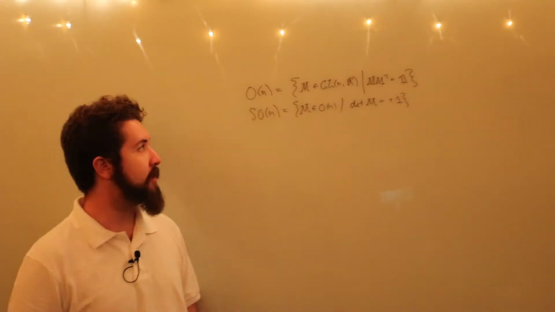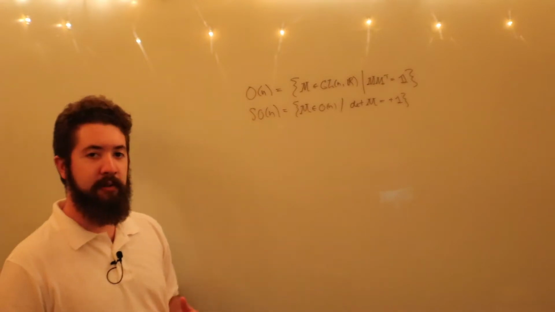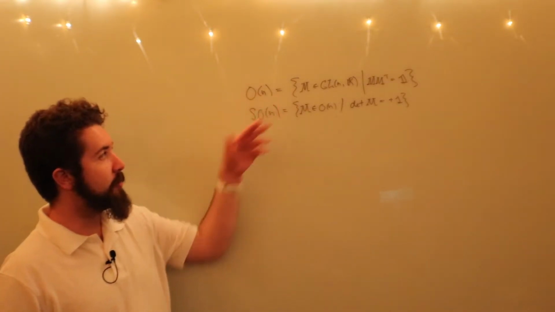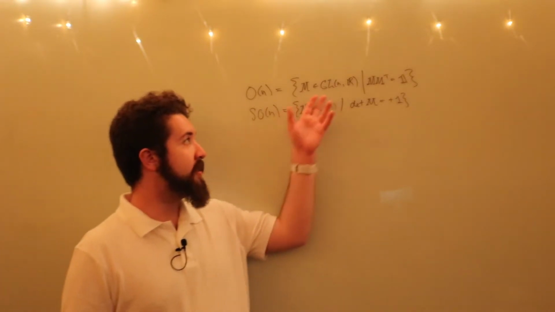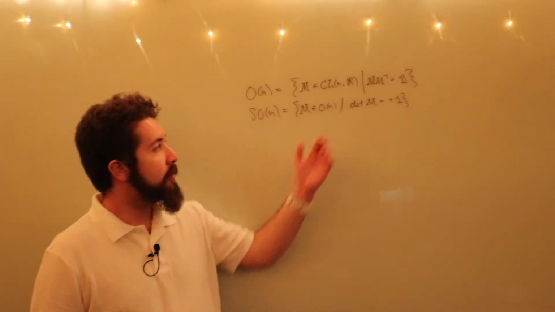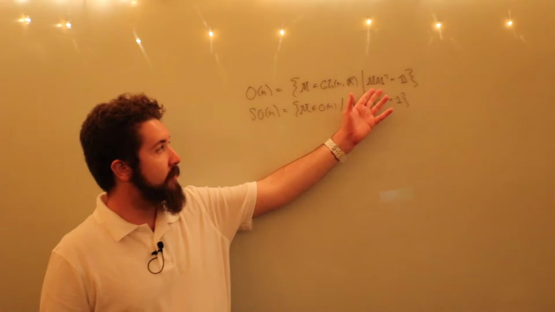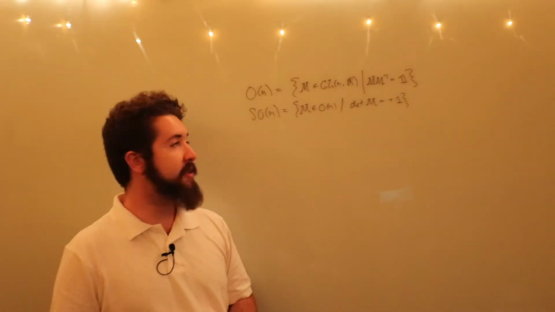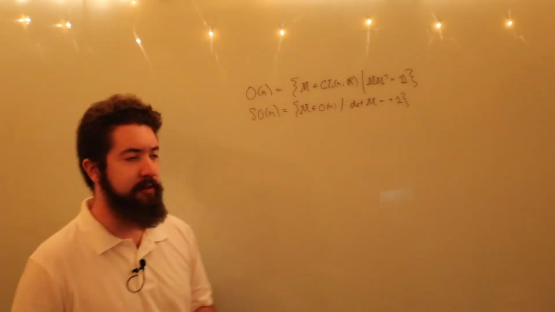Alright, for our third example, let's look at the special orthogonal group inside the orthogonal group. If you recall, the orthogonal group is the set of matrices in the general linear group that have the property that M times its own transpose is equal to the identity, or its transpose is its inverse matrix.